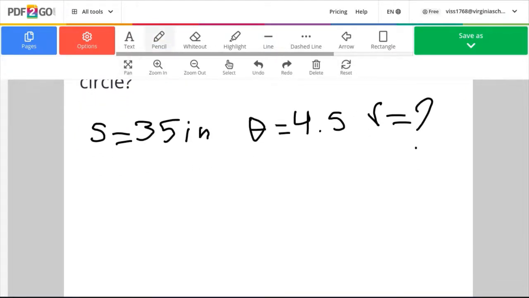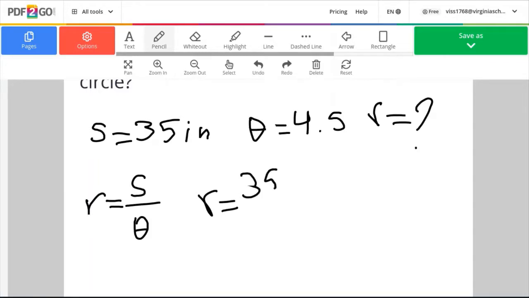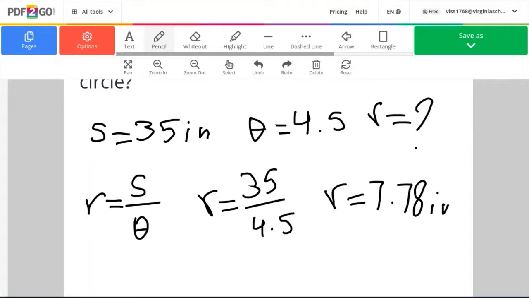We start by writing the equation, which is radius equals the arc length over the radian. So R equals 35 over 4.5, and the answer is going to be 7.78 inches, which is our radius.